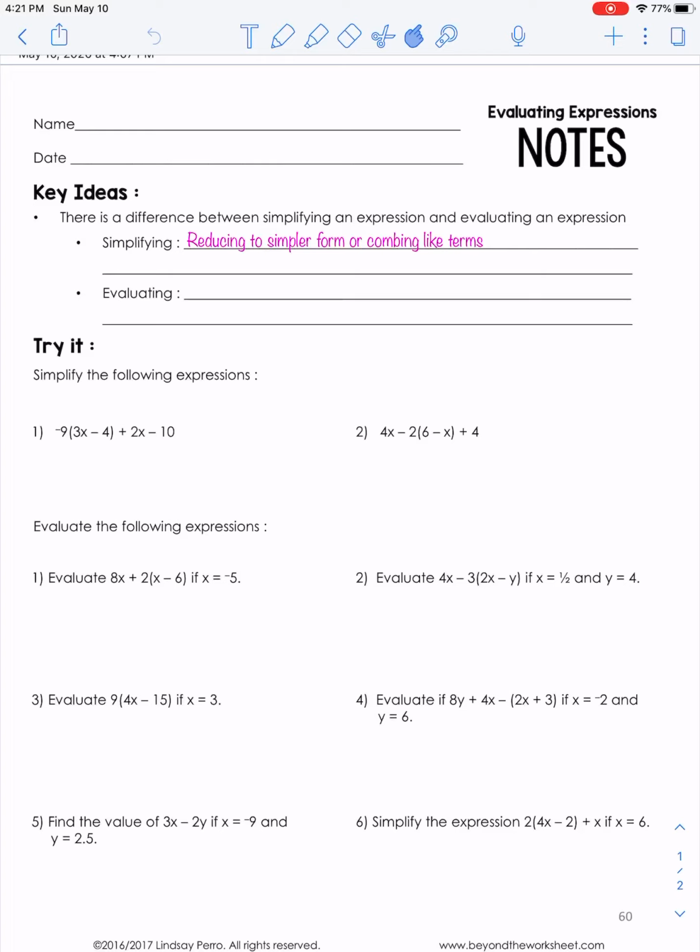That means reducing to a simpler form or combining the like terms. Today we are going to be moving on to evaluating them, or we'll be solving them, or finding the value of the expression.